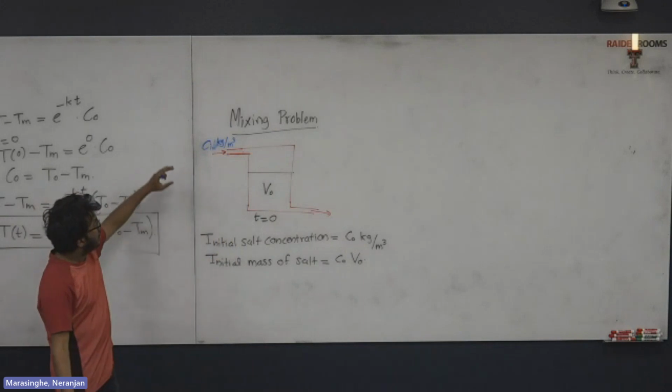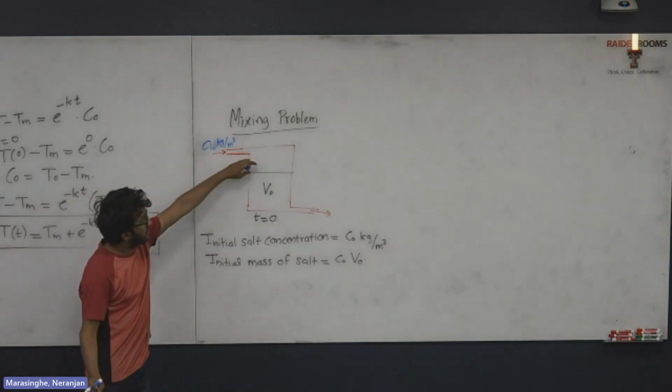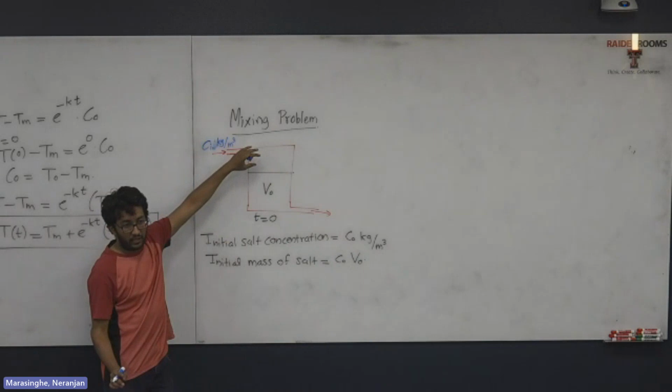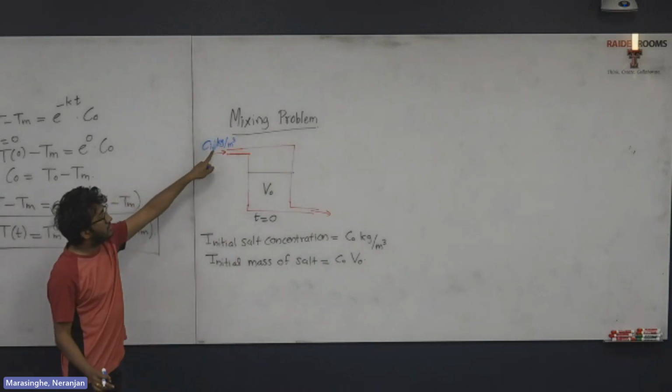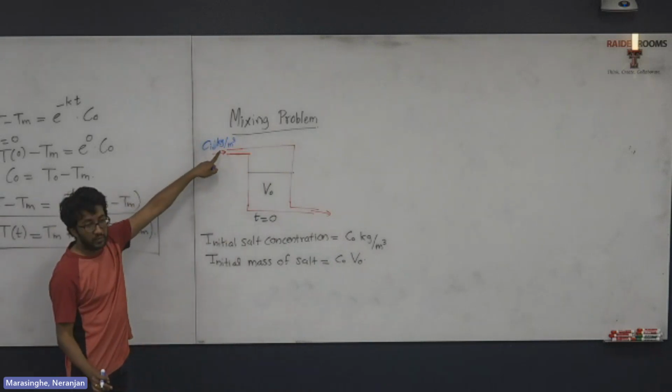So another salt solution would come into this tank through this pipe, and its concentration is CI kilograms per cubic meter.